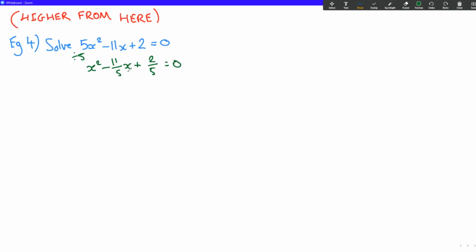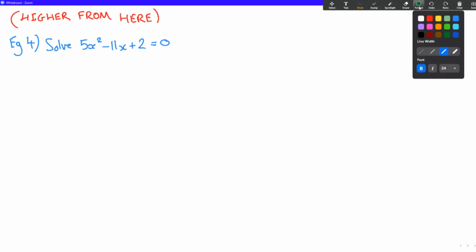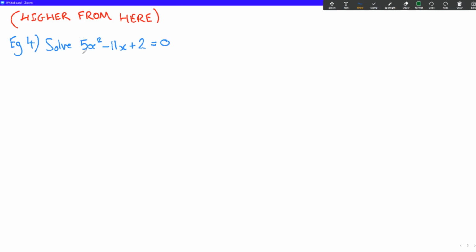And now it's a lot harder to find two numbers that multiply to give 2 over 5 and add to give 11 over 5. So in this case, if all of the terms aren't divisible by 5, the best thing to do is to just use the more complicated factorization method. So let's do that.